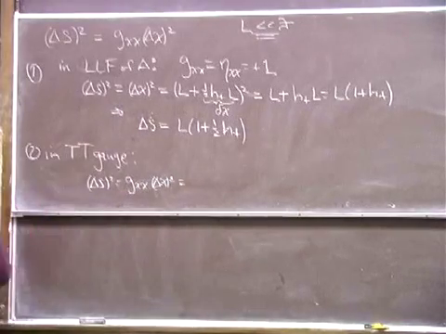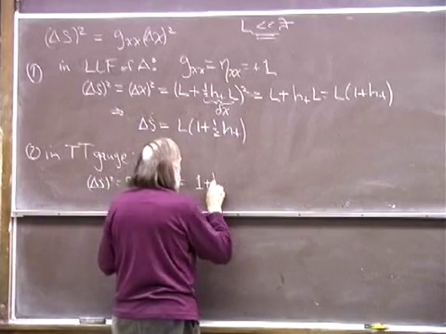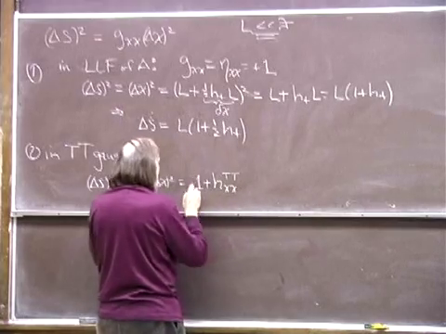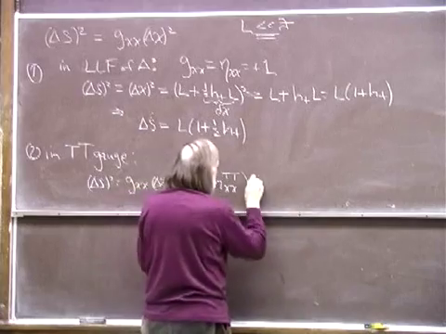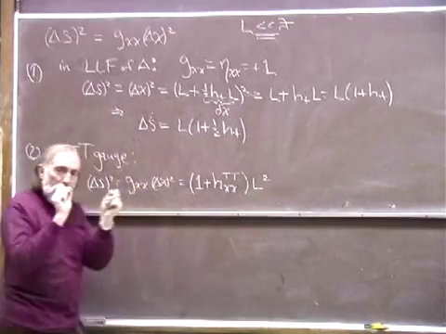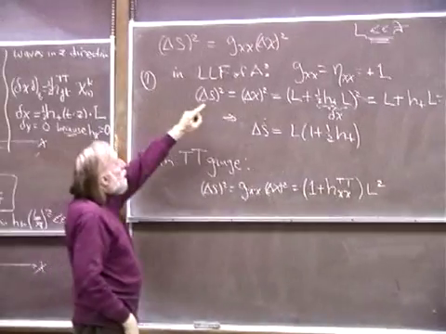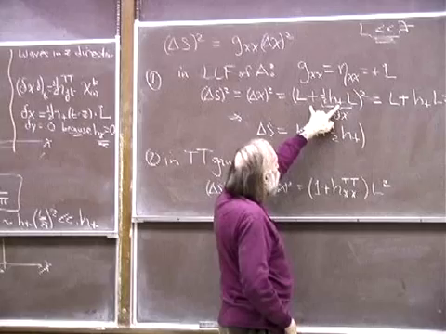Now gxx is equal to 1 plus h xx transverse traceless, and the coordinate separation is just L squared because the particles have remained at rest. So in the local Lorentz frame, the metric was unperturbed but the particles moved.